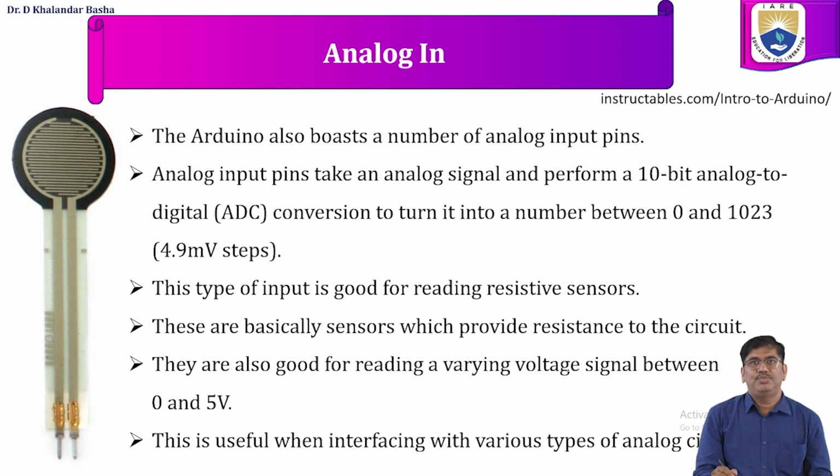This type of input is good for reading resistive sensors. These are basically sensors which provide resistance to the circuit. They are also good for reading varying voltage signals between 0 and 5 volts. This is useful when interfacing with various types of analog circuitry.